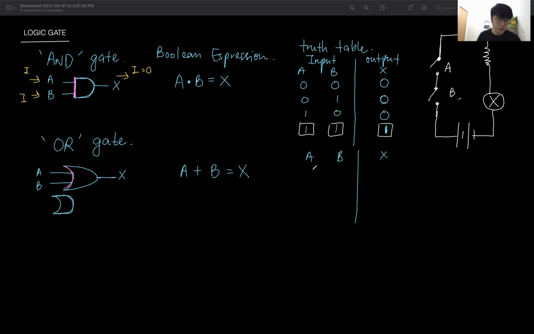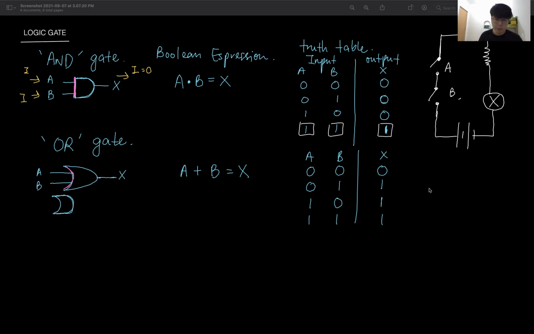So if it's thin or tall, either one, if it's 0, 0, then you get 0. 0, 1: 1 has current, then it is allowed. 1, 0: 1 has current, it is allowed. And also 1, 1, then it's 1. This is the outcome for the OR gate.